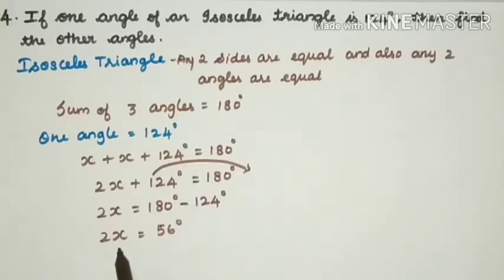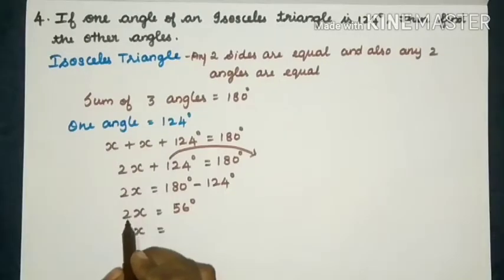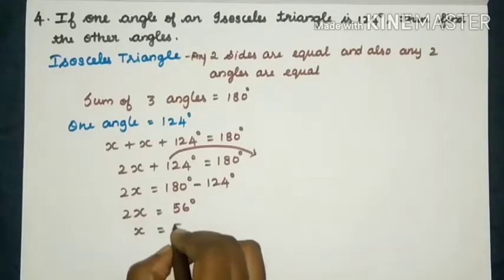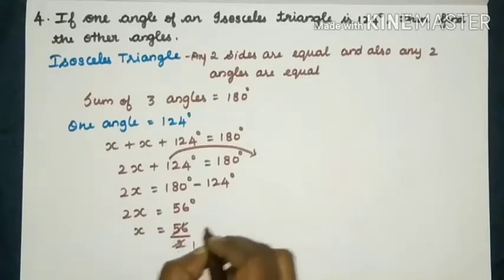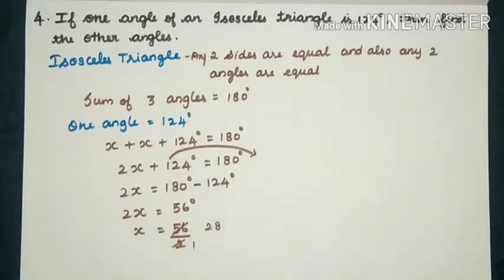And then we have to find the value of x. 2 times x, that is 2x. The 2 goes to the right hand side, which means it will change into division. 2 ones are 2, 2 28s are 56. Therefore, x value is 28 degrees.